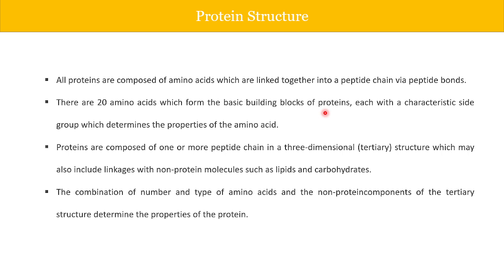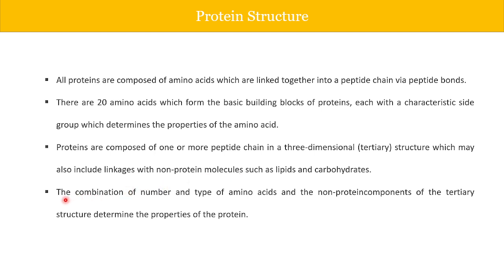So we have seen how these amino acids combine to form the different proteins and how they are linked via peptide bonds. Proteins are composed of one or more peptide chains in a three-dimensional structure, which also include linkages with non-protein molecules such as lipids and carbohydrates.